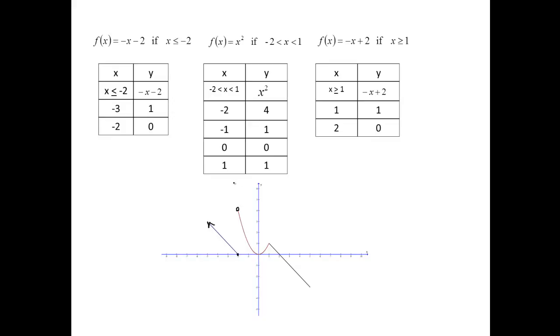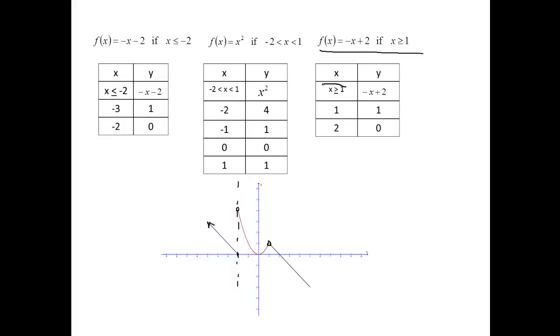And we don't violate the definition of a function, because if we drop a vertical line through here, we're only going to hit the function one time right here. We don't actually hit it through here because we have an open hole. Now to the right here, we have an open hole on the end of the parabola, but that hole gets filled in because it joins up with this part of the piecewise defined function.